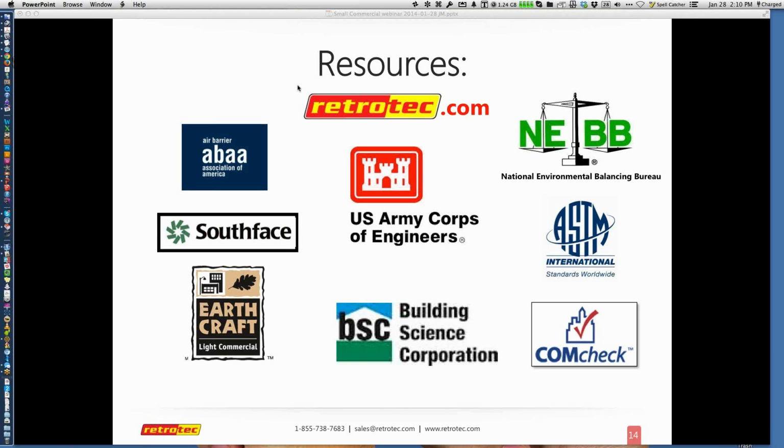NEB has also come out with a standard about how to certify people to do testing for mostly larger buildings, but it comes into play with some of what we'll do. If you're looking for a standard that's free, the U.S. Army Corps of Engineers has a standard you could follow, and a lot of people actually make their guidelines off of theirs. ComCheck is from the DOE about how to actually confirm compliance. It's mostly new structures. And if you've not been to the Building Science Corporation website, it has the most amazing information that you'll find, with great graphics on the how-tos and how-not-tos of some of the concepts we'll talk about today.